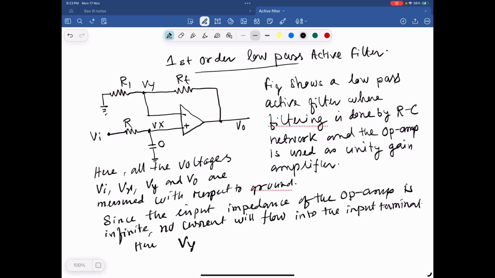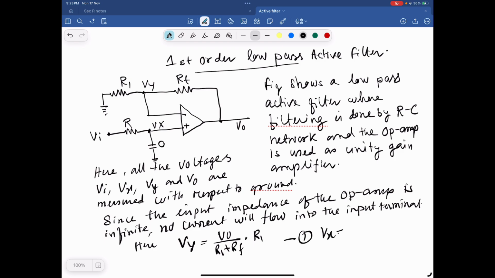Here Vy is equal to the drop across R1. So Vo by R1 plus RF is the current into R1, and the voltage is Vy. So this is equation 1.